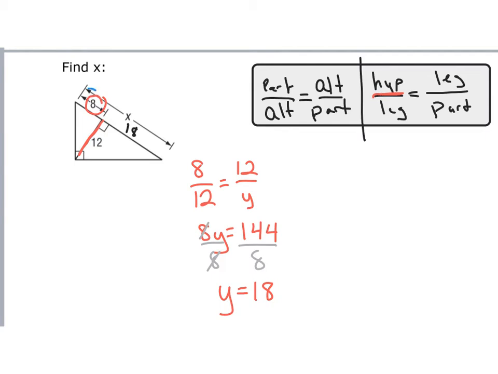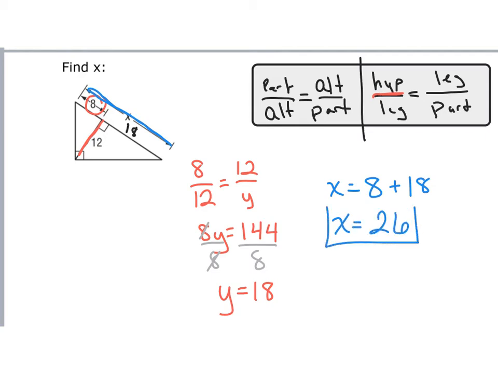If I want to know how long the whole hypotenuse is, x is going to equal the 8 plus the 18. My hypotenuse is 26. Okay, let's look at our next example.